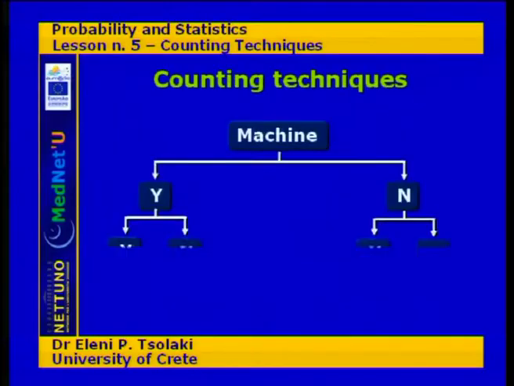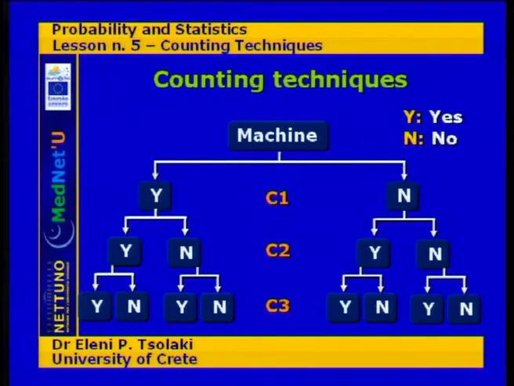We go back to our example, and using graphical methods we see that the machine has component C1 which will work properly. We denote by Y, yes, that the component works properly, and by N, that it does not work properly.